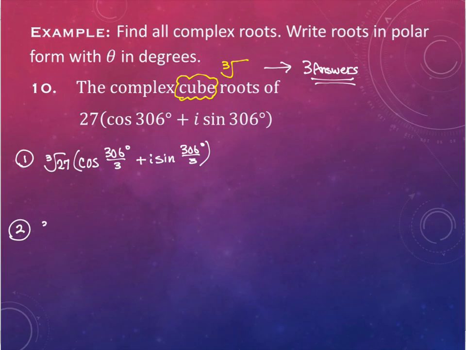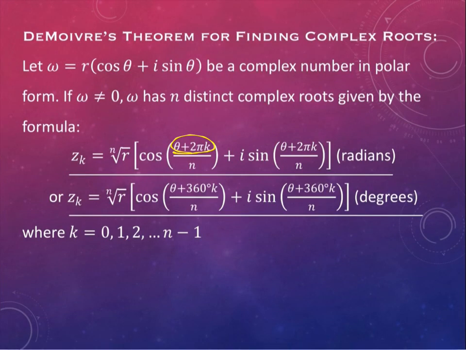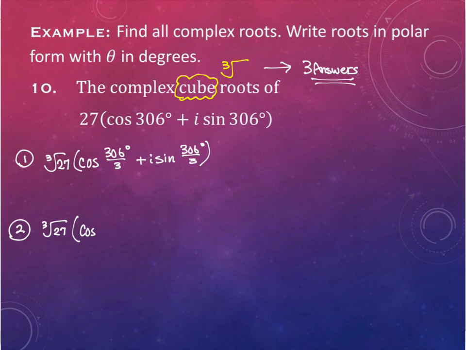The second one is the cube root of 27 still. It's going to have that part on all of them. Then inside, we take the 306, and what did it say I'm supposed to do with the 306? We'll look at it in degree form since we're doing degrees. It says I'm supposed to add 360 to it. So take 306, and I'm going to add 360.